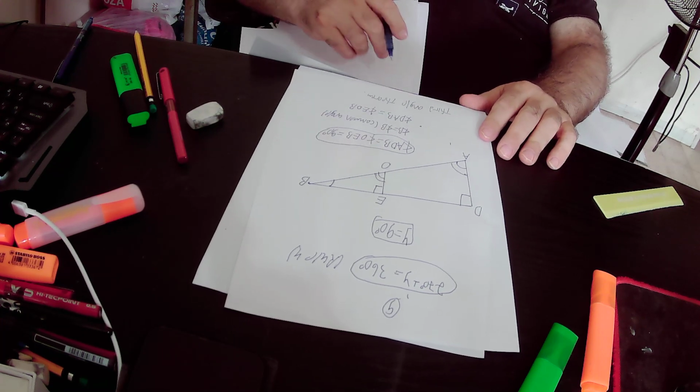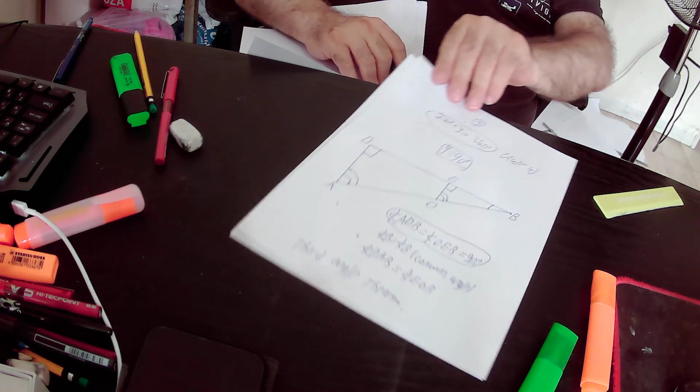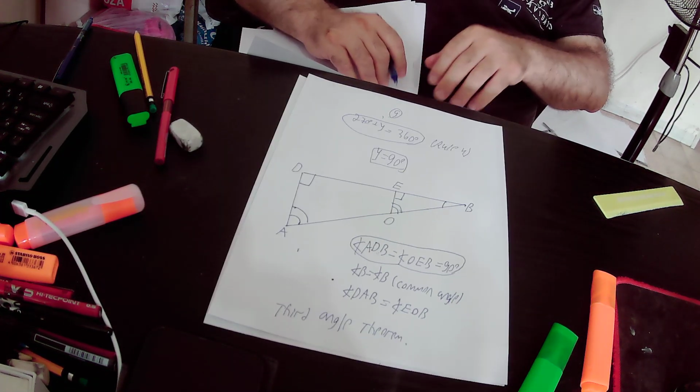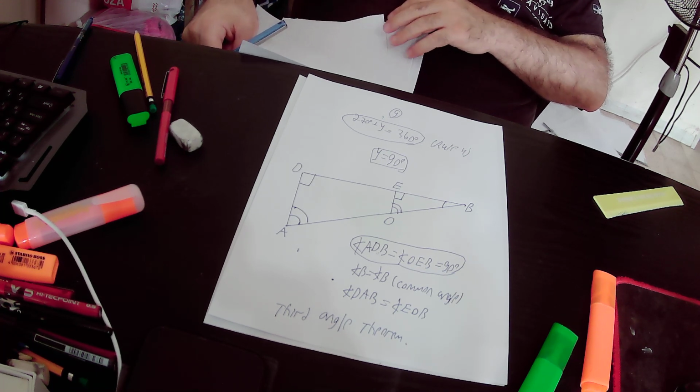From this similarity between the two triangles, the following relationship exists between their sides.